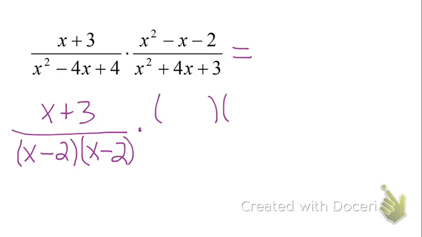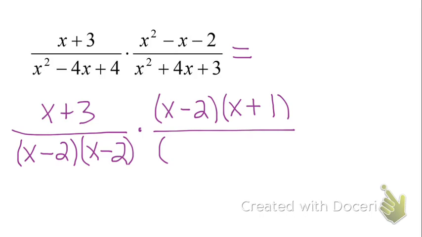Then our next fraction multiplies to give me negative 2 and adds to give me negative 1 is negative 2 and positive 1. And the last thing, multiplies to give me 3 and adds to give me 4 is 1 and 3.